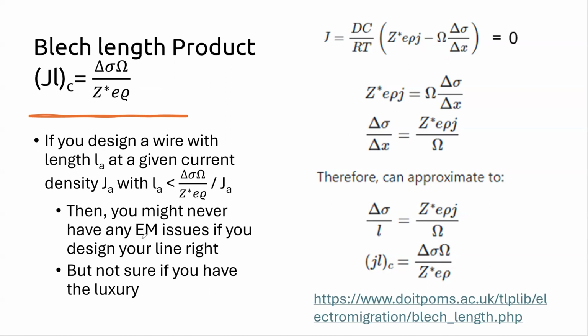You might never have an electromigration issue if you design your line right, and make it less than what this product allows. That's a critical one. I'm not sure if you have the luxury. You calculate, say, oh, I can only have length like 2 micron. Well, sometimes the chip is so dense, you cannot have 2 micron, right? You have to have different widths of lines.